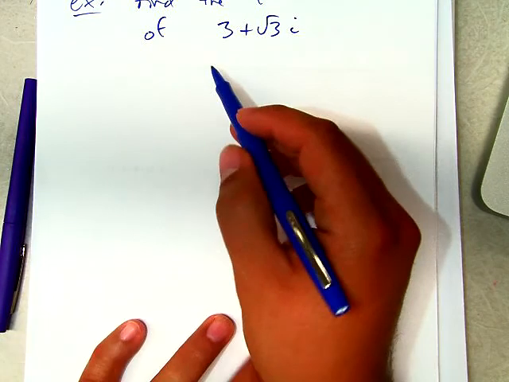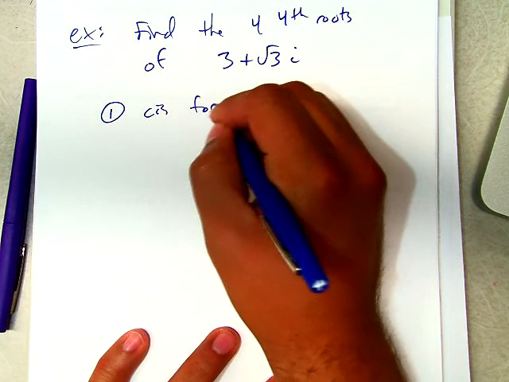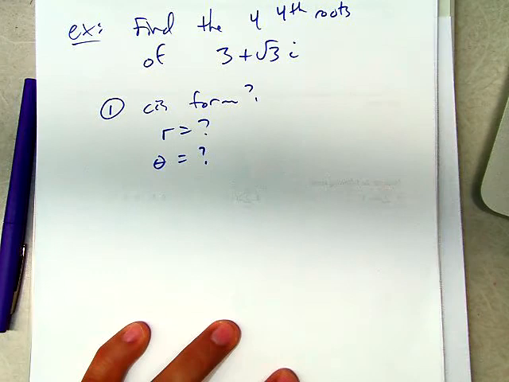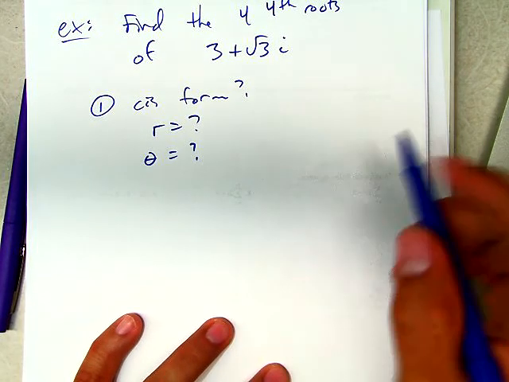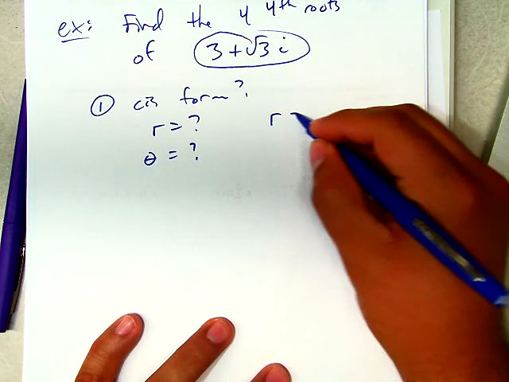We would have to, again, put in CIS form. And to do that, we need r and we need theta.